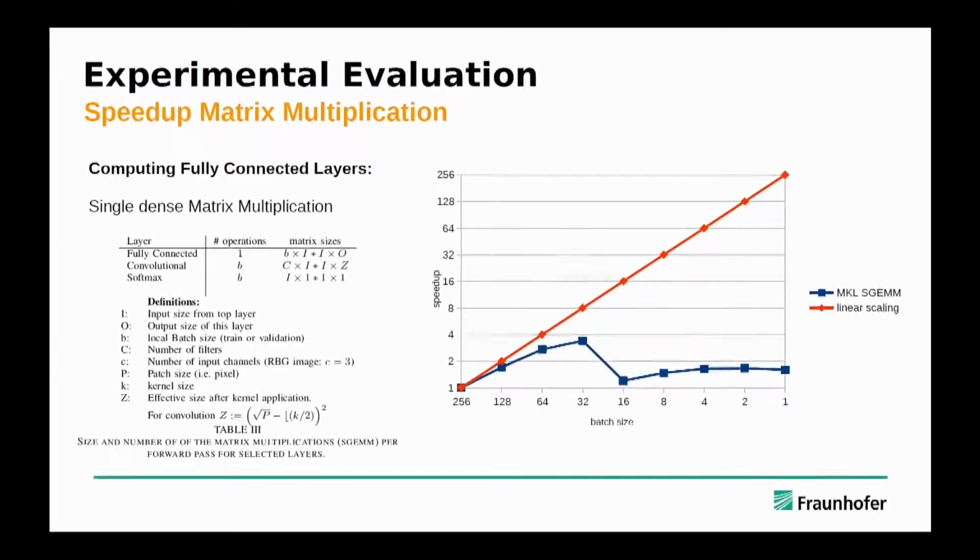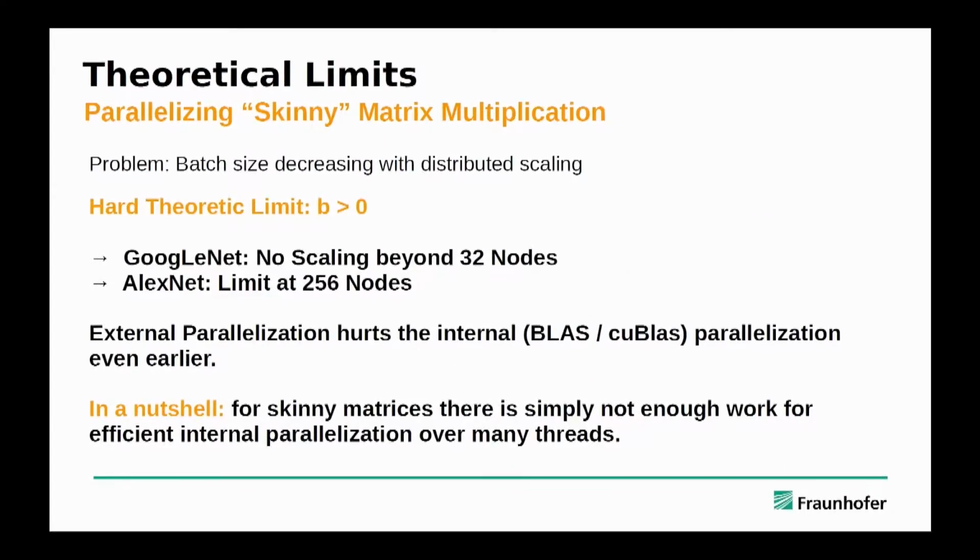So that gives you a very skinny matrix. And we all know that skinny matrices don't behave the way we like it. And if we just plot here how long the matrix multiplication takes, we see that this will drop. Actually, the Math Kernel Library manual tells you not to use matrix sizes below 32 in each dimension. So this is one real problem.